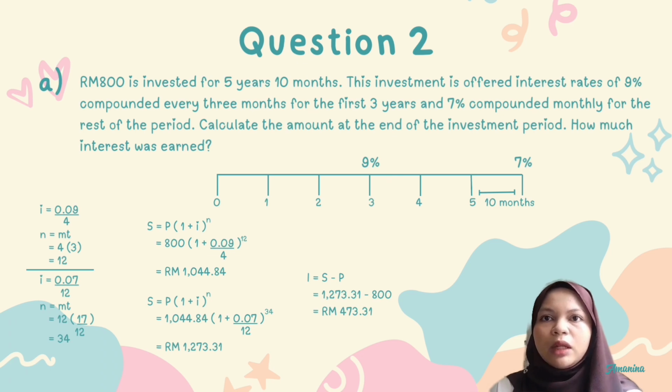Using n = mt, we got 34 for n, and insert the amount of the first 3 years, which is 1,044 ringgit and 84 cents, for P in the formula. We will get 1,273 ringgit 31 cents. Lastly, use the interest formula I = S - P, which is 1,273 ringgit 31 cents minus 800. We got the answer 473 ringgit and 31 cents.